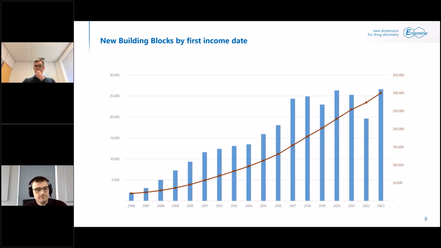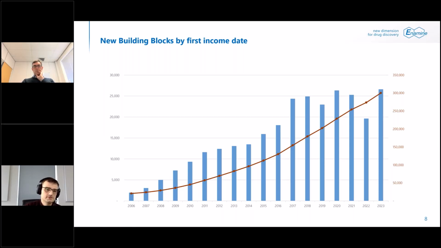Talking about the building blocks, the number of building blocks in stock is not constant. We actually synthesize a lot of new building blocks each year, and on the chart, the blue bars, with the y-axis on the left, show the number of new building blocks without resynthesis produced each year by our building block department.